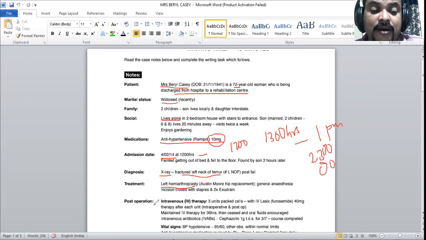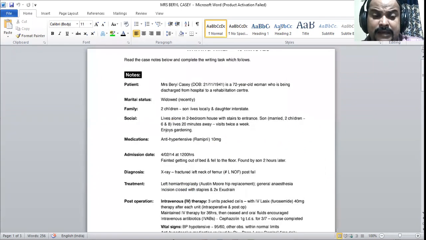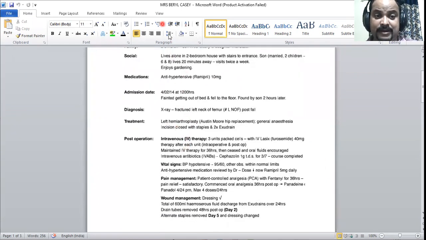Now, when we have the post-operative data, let's see what exactly it is. Post-operatively, we have given 3 units of packed cells, and this is given intraoperative and post-operative.